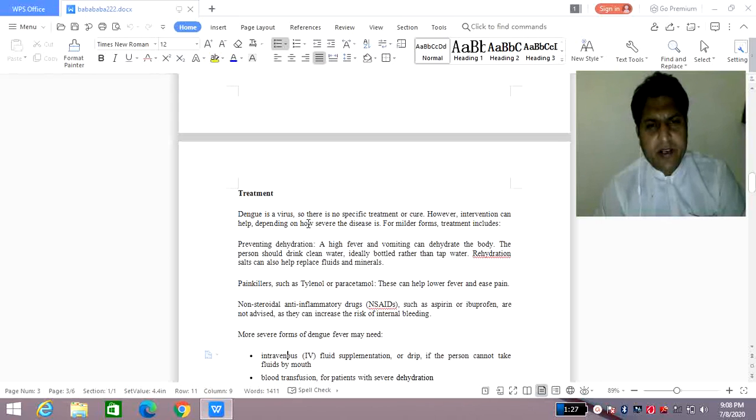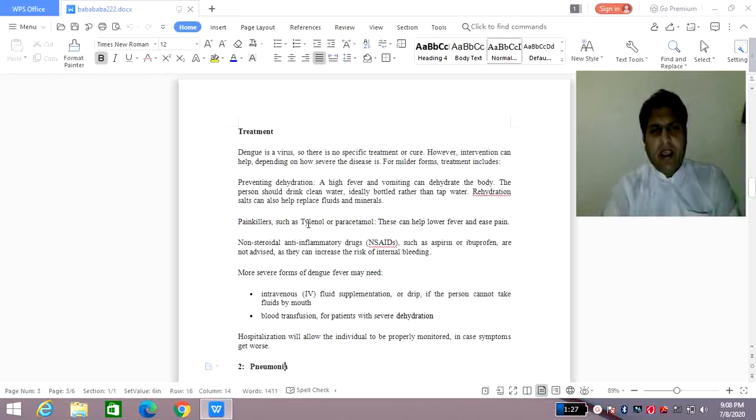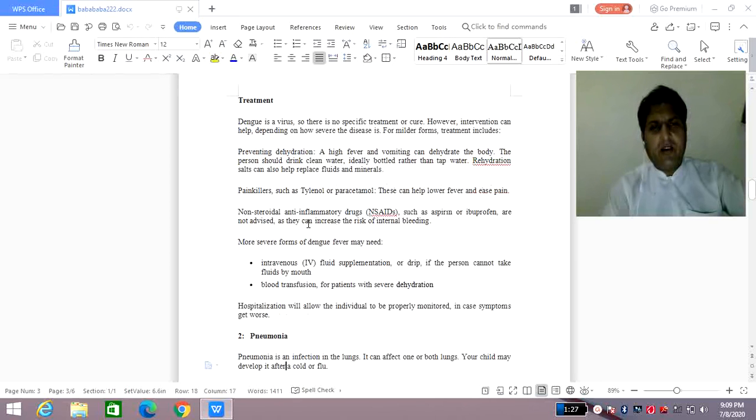In case of severe dehydration, blood transfusion should be given, and hospitalization, if needed, is important. Aspirin and ibuprofen-like drugs should be avoided.